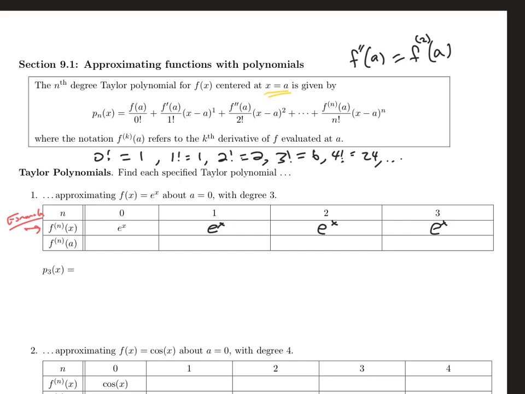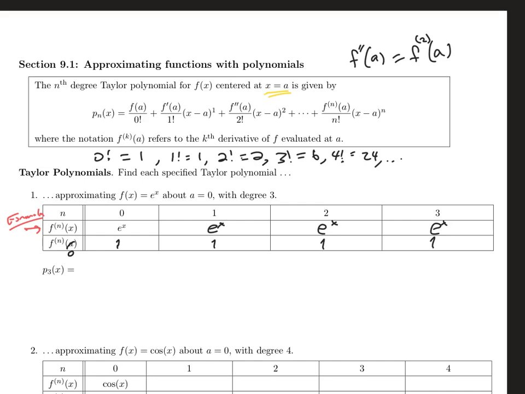And then in the next row of the table, I'm evaluating the derivative at the center point. Here the center is at a. So here I'm talking about the nth derivative evaluated at 0. Plugging 0 into e to the x gives me 1 in each case.